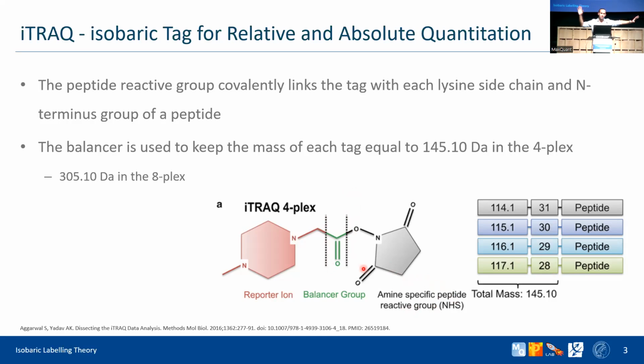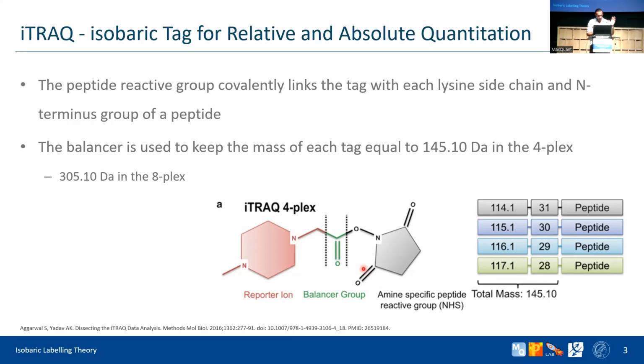So you don't see the balancer group at all anymore. You have the reporter ion in the lower mass range. In this case, you would have 4 reporter ions, 114, 115, 116, and 117. And you have your normal fragment spectra on the other side for your peptides. And it is the relative intensity differences between the reporter ions that we use for the quantification. I will come back to that again.